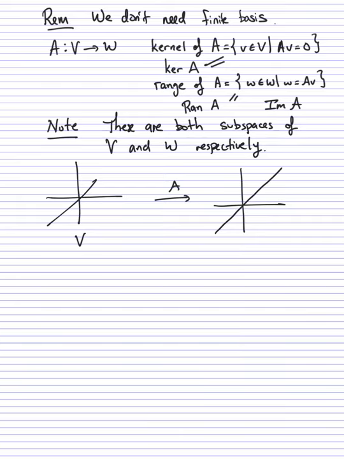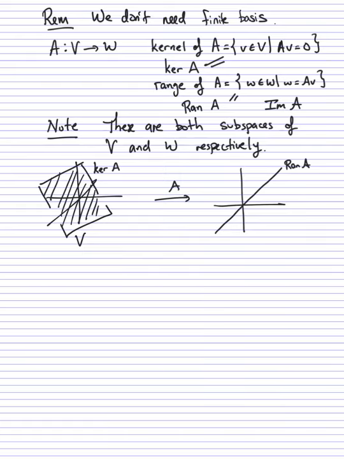It doesn't have to be a surjective map, so this might be the range of A here, and the kernel of A might be some plane here. Obviously there are different choices and you'll get different dimensional subspaces, but this is some sort of general picture.